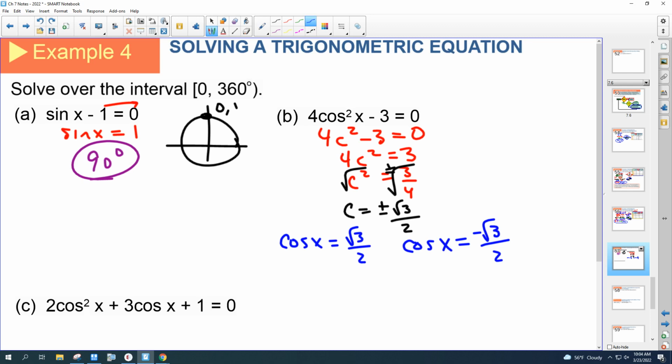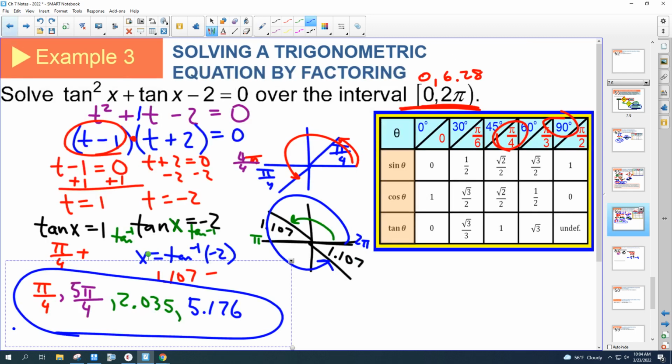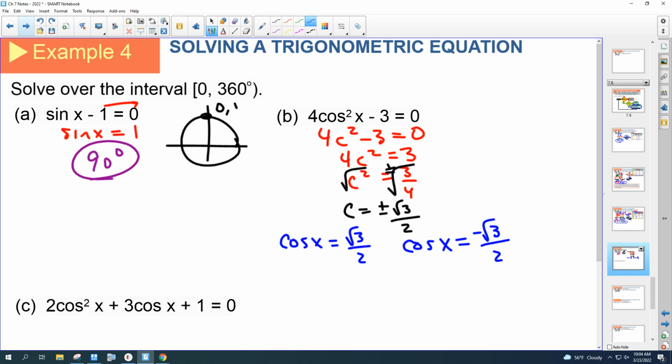So square root of 3 over 2 for a cosine, that's this one right here. Are we in degrees? 30 degrees? Yeah, this tells me I'm in degrees. So this is a 30 positive, and this is a 30 negative. So really, we're talking about 30 degrees where cosine is either positive or negative.